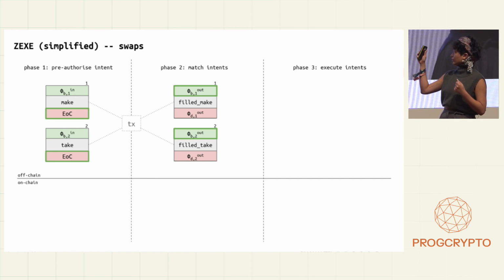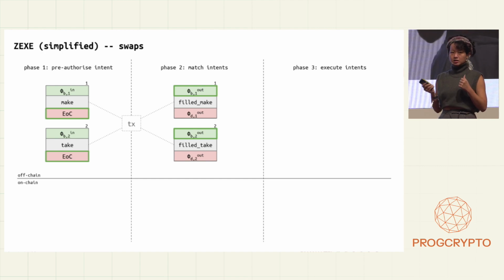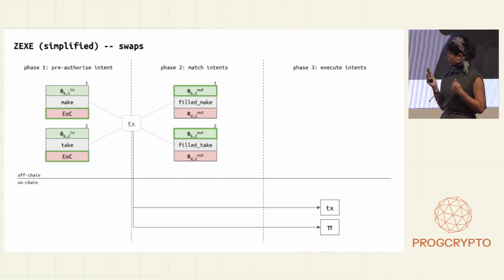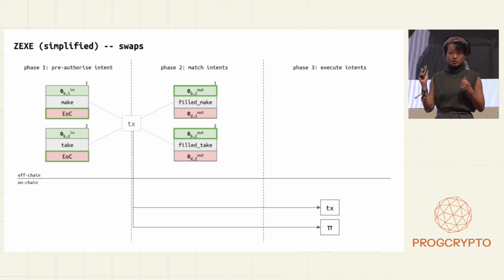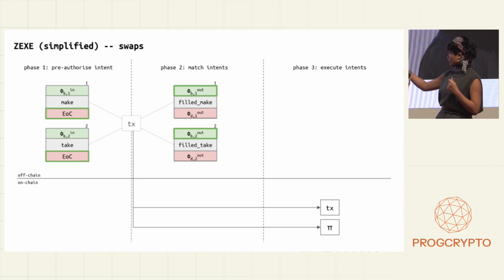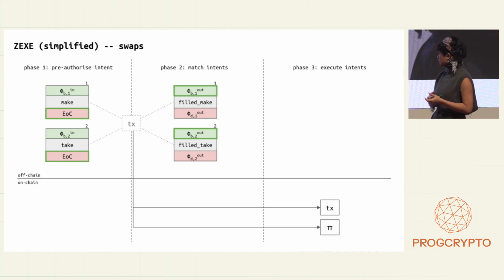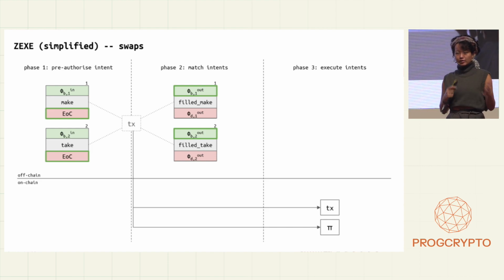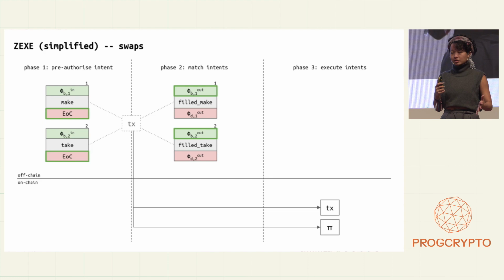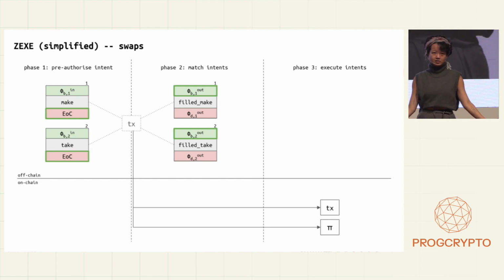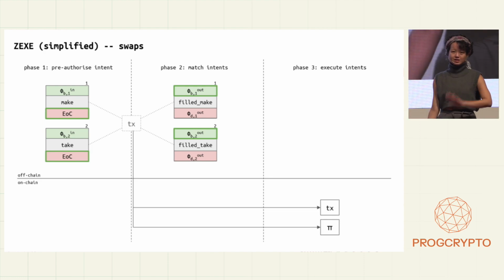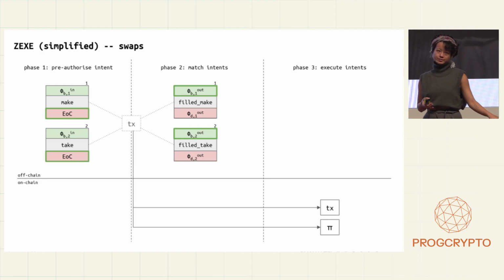So together, these form a balanced transaction, and the operator submits the transaction to the global network along with a proof that the birth and death predicates have been fulfilled. So yeah, in this case, the guarantees are privacy from everyone except the operator. So to a third-party observer, they'll see some records being consumed and some records being created, but they have no idea the asset IDs and the values behind those records.